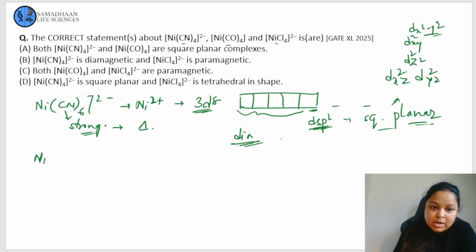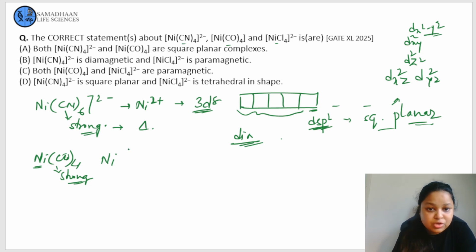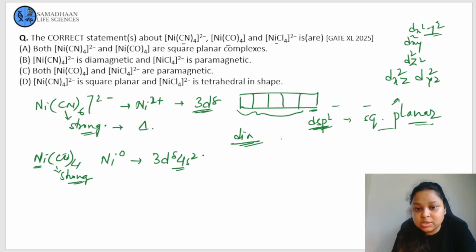Now the next one, Ni(CO)4. This is also a strong field ligand. But here nickel is in 0 state because CO is a neutral ligand. So Ni0 has 3d8 4s2. Now forming this complex forces these 2 electrons to go to d8. That means it will be d10, all paired electrons.